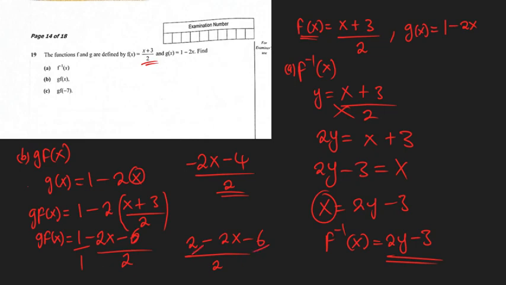Let me see if I put 7 there. Oh, I even forgot here. It's supposed to replace here. When you replace your f inverse here, make sure you replace your x.